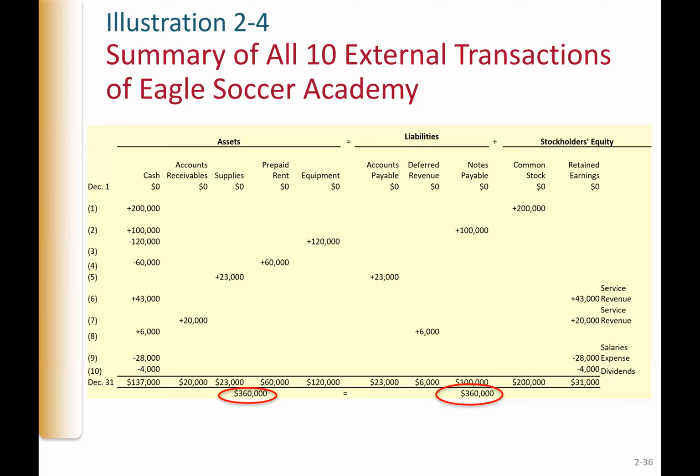So one thing I want you guys to just pause, stop, and do in your notes is draw assets and show these accounts that we now know are assets: cash, accounts receivable, supplies, prepaid rent, and equipment.